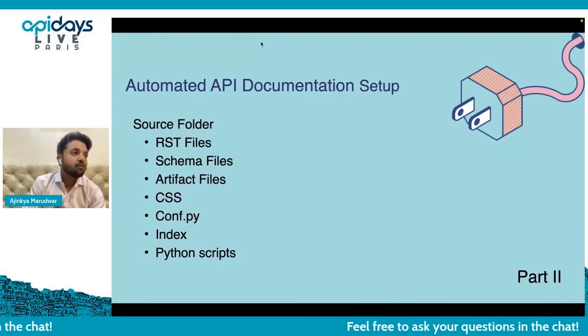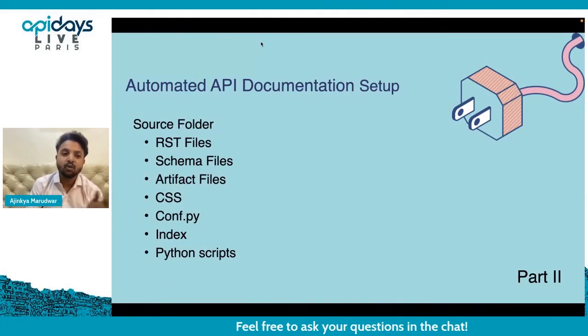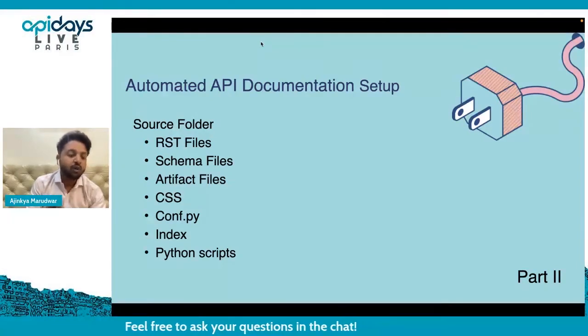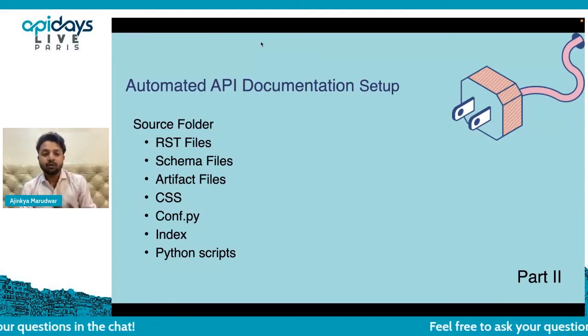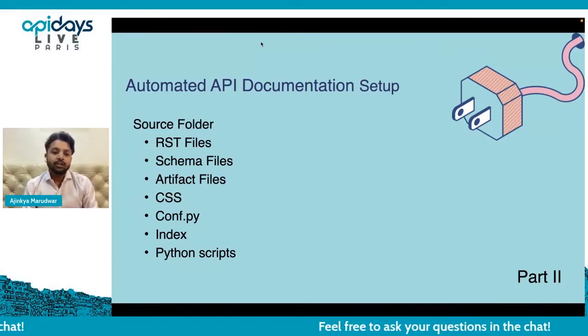Our source folder was pretty decent. We call it the raw folder, and it was fixed for the entire time. We developed RST files for each module, plus its individual endpoints.